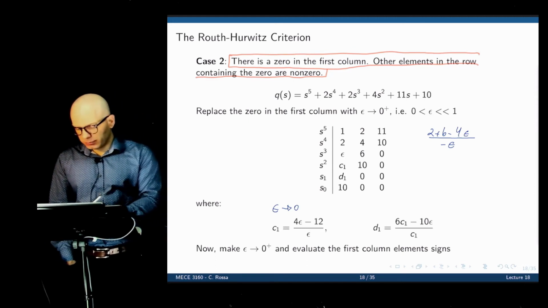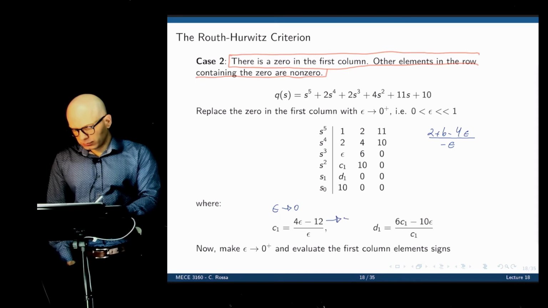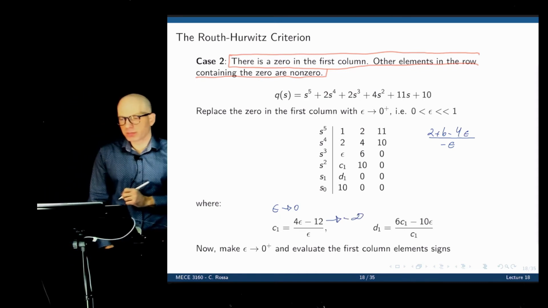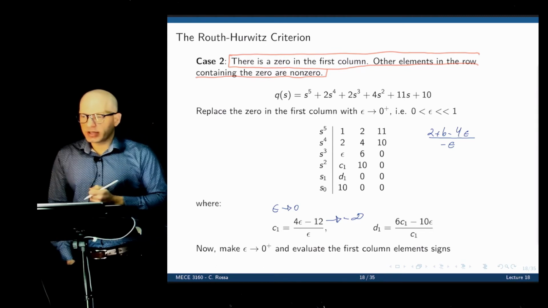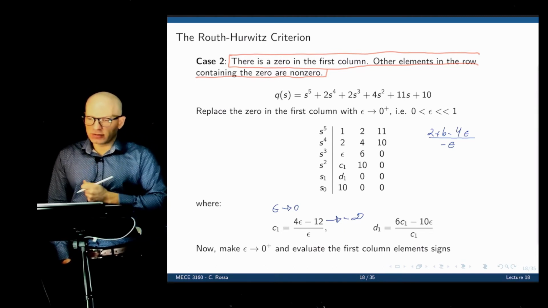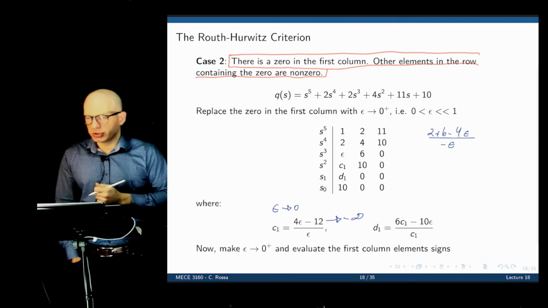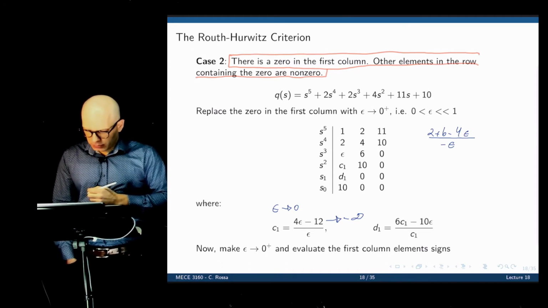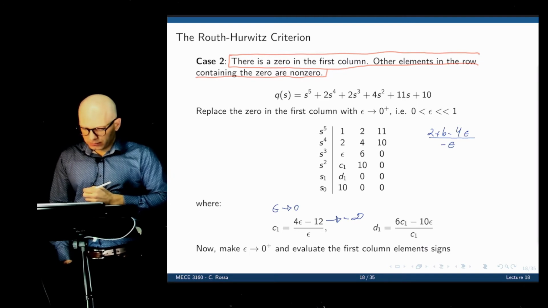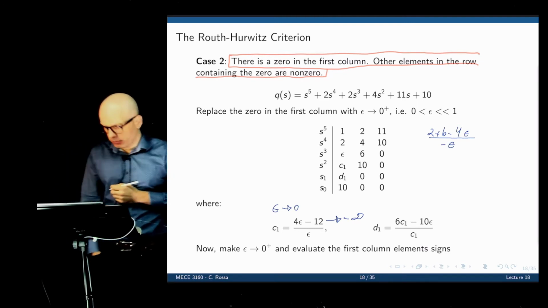It tends to -infinity. 4 times 0 is 0, and -12 divided by a very, very small positive number tends to a very large negative number. So C1 tends to -infinity, which is a negative number. The system is already unstable.